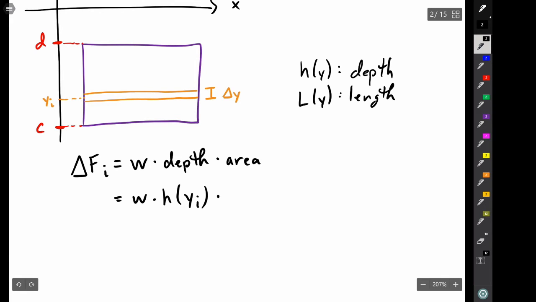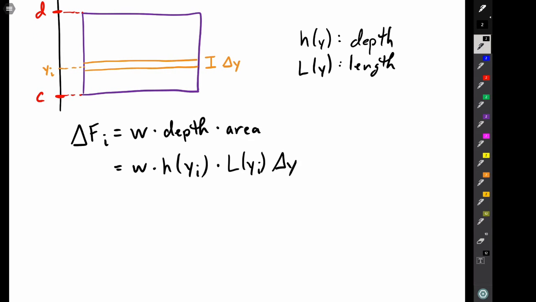Then the area will be the length of that specific piece times delta y. So this is the approximate force on this strip right here.